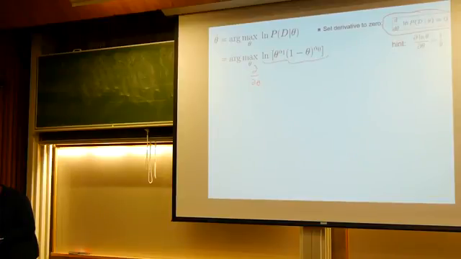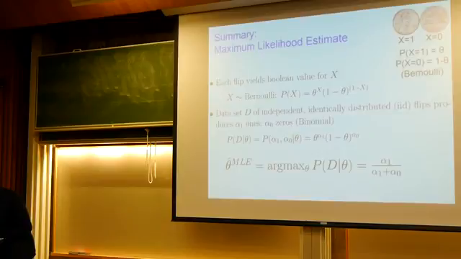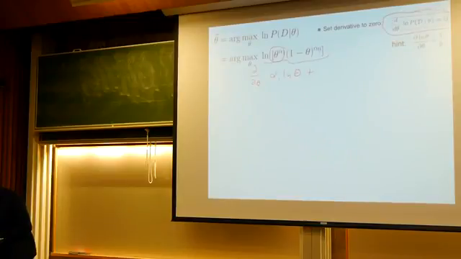Well, since we're taking the log of this, I can write it as alpha 1 times the log of theta plus, remember the log of a product is the sum of the logs, alpha 0 times log of 1 minus theta.